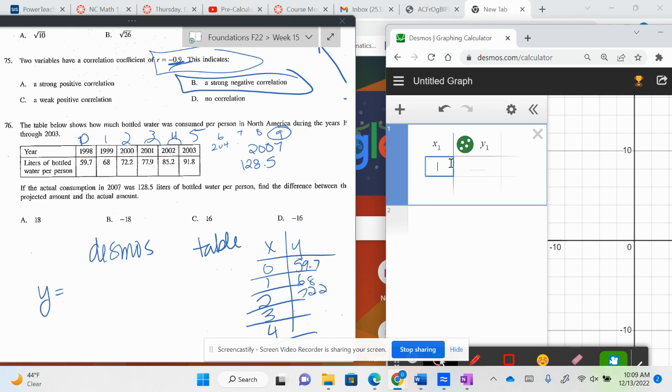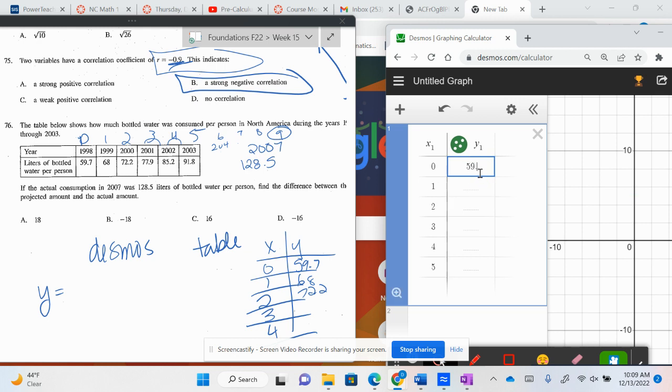I'm going to do my x's first. So I'm just going to do 0 for 1998, 1 for 1999, 2 for 2000, 2001 is 3, 2002 is 4, 2003 is 5, and then I'm going to input these values: 59.7, 68, 72.2, 77.9.